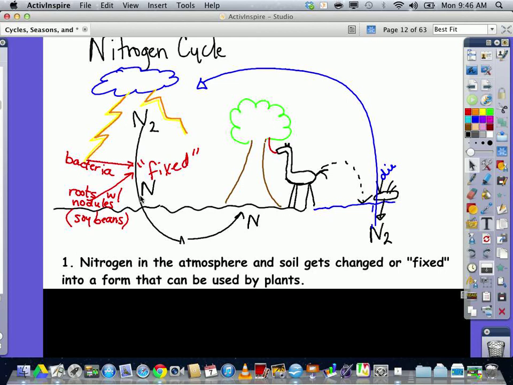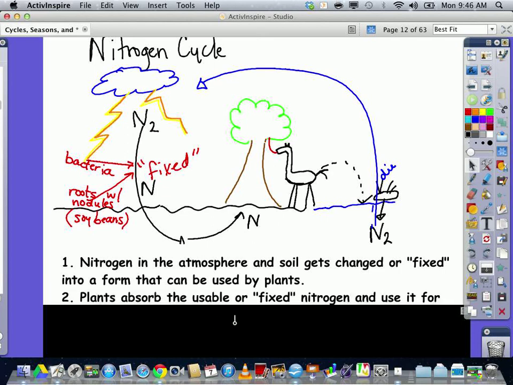So when that nitrogen gets fixed, it's now in a different form, and you can see it's in a single atom form, and that atom then can combine with other atoms in the plant to work those plant processes. So the second thing that happens is the plants then are now able to absorb that usable or fixed nitrogen. Now remember, this is any kind of plant life.